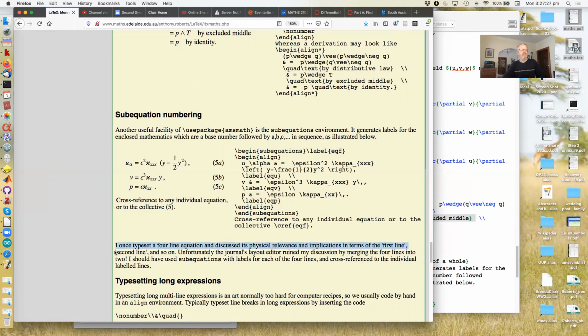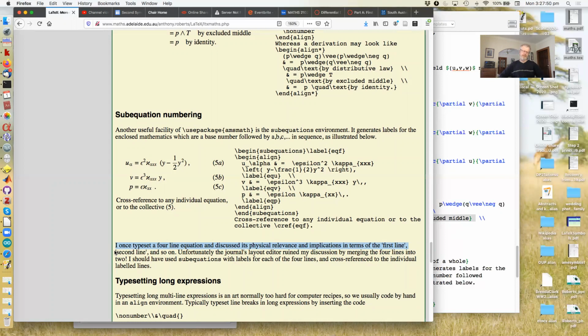One mistake I made was I once had a longish 4-line equation, and I organised the lines so that different physical processes were represented by the terms on each line. So I discussed those physical processes by referring in the text to the first line, second line, third line, fourth line.